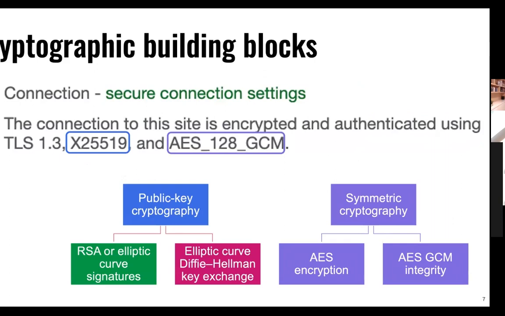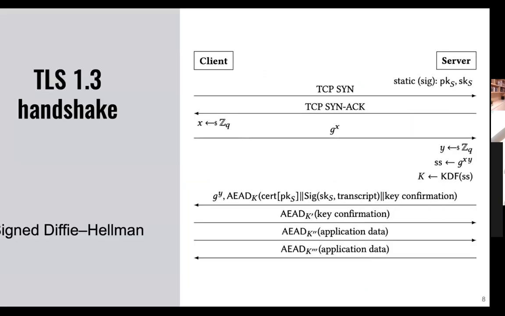Great. And so when we look at the left part of this diagram, the public key cryptography and the TLS 1.3 handshake, we see a basic signed Diffie-Hellman type communication flow. The parties do an ephemeral Diffie-Hellman key exchange, where the client generates an ephemeral key, transmits it to the server, and the server responds with its ephemeral key, g^y, and they compute the shared secret, g^xy.